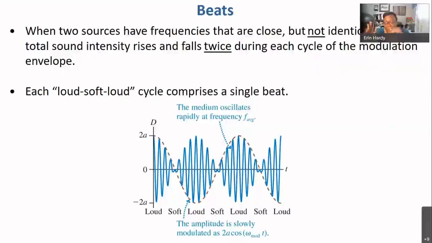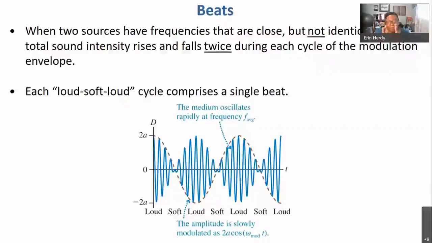In other words, you would hear a sound that seemed like it was getting louder, quieter, louder, quieter. And that's not something you would have observed if you struck just one tuning fork by itself, if you had 2 tuning forks that were the same frequency, or if you had 2 tuning forks that were very different frequencies.